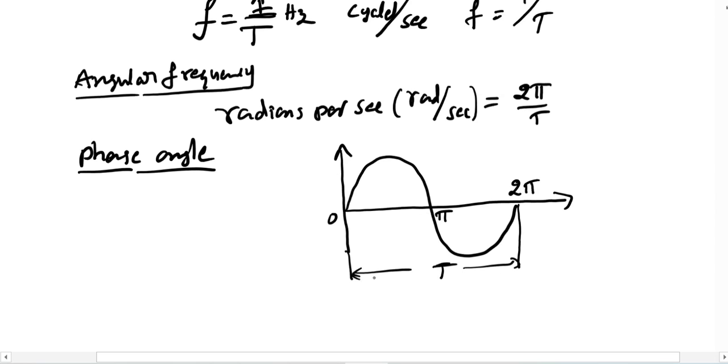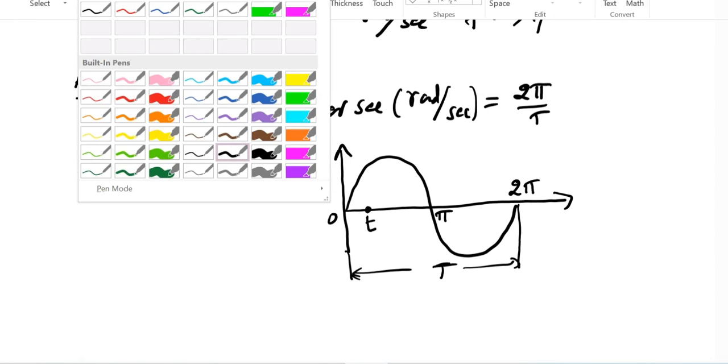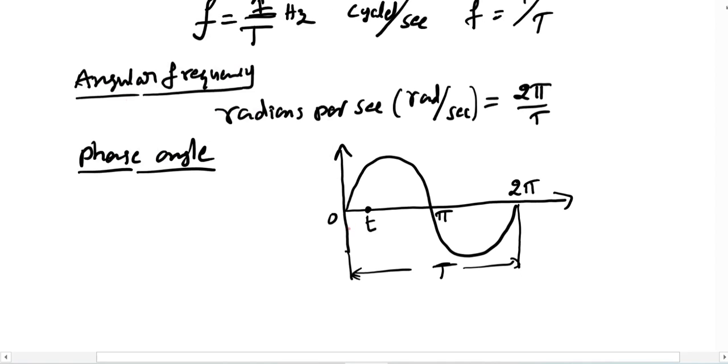Suppose at a fraction of time t, I want to find the phase angle from this point to this point. So at the fraction of time t, what could be the phase angle of the given waveform?